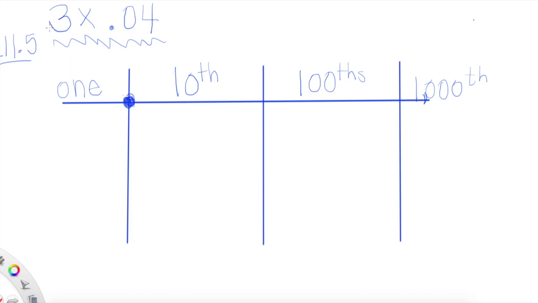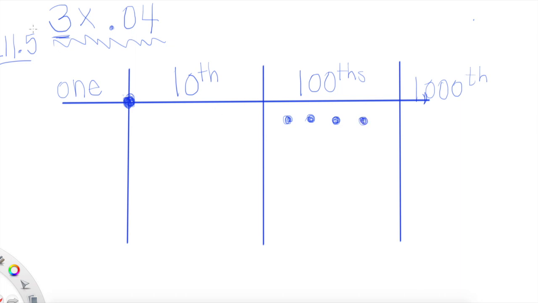I wouldn't. I have no idea how to model 4/100ths copies of 3, but I do know how to model 3 copies of 4/100ths. So just use your logic. Logic is our friend. Logic keeps us out of trouble. Some of you were doing some very illogical things yesterday. So use your logic before you leap.